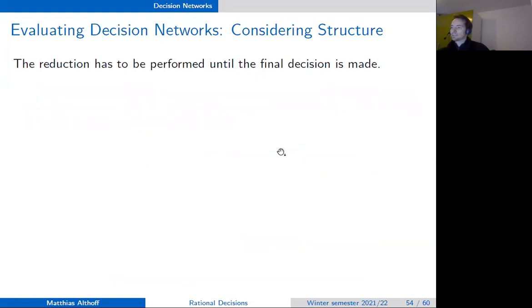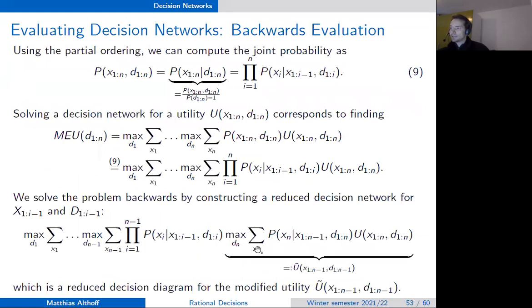And because we are summing here over all xn, if xn isn't present, we can exclude it from the computation here, because dn only has an effect on xn. If xn doesn't play a role for the utility, we can just remove the utility and keep it for the other decisions.